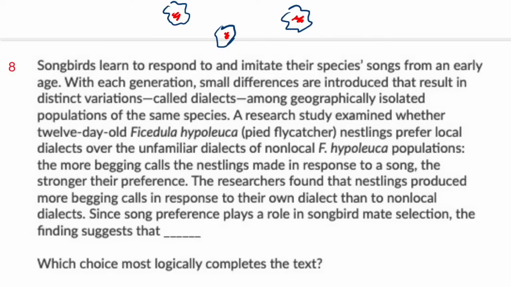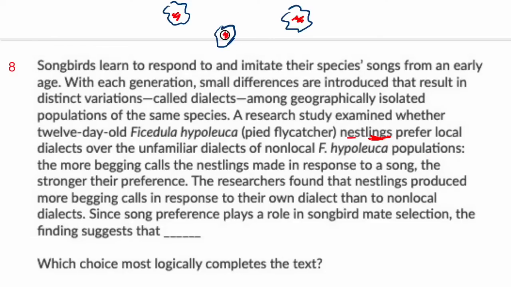Okay, so a research study examined whether 12-day-old bird nestlings, what is a nestling? Like little baby birds. Usually when you see an L-I-N-G, it means something small, like a duckling, etc. So whether they prefer local dialects over the unfamiliar dialects of birds from other populations.